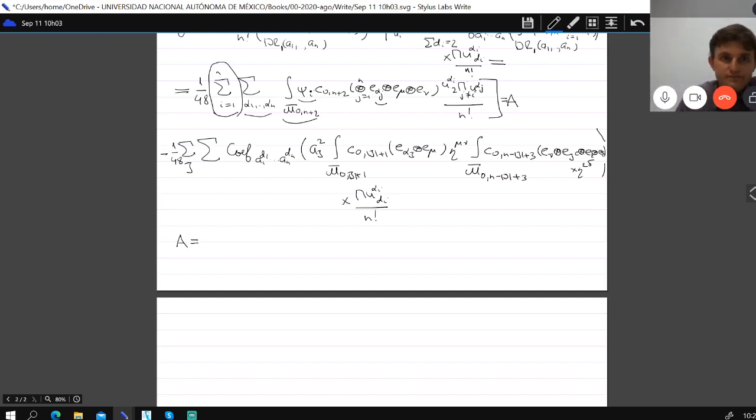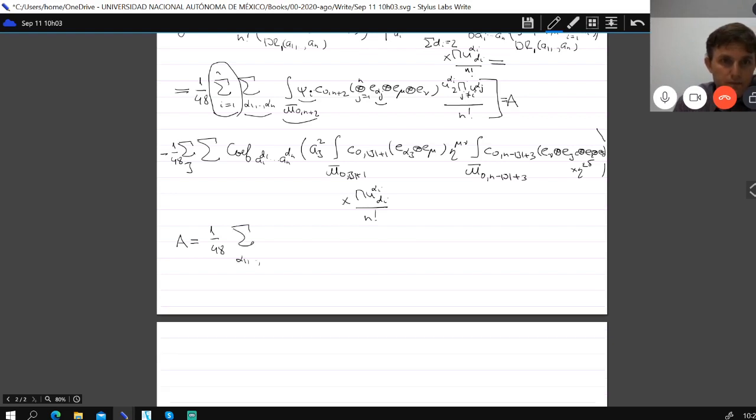So I want to say that A is equal to 1 over 48 sum, n times this integral over M_{0,n+2}. Of course, I often miss some summations; we should sum over all n.